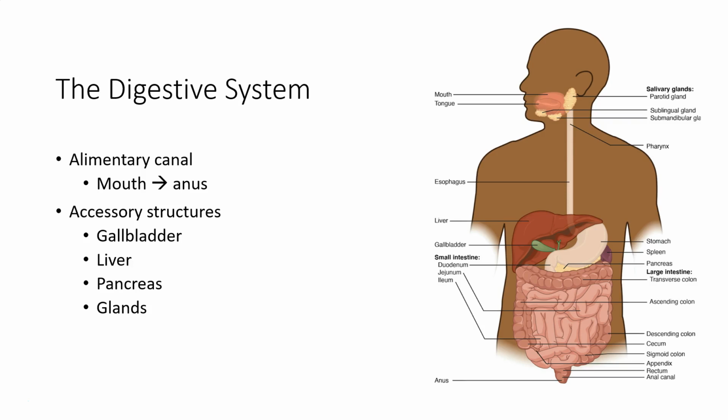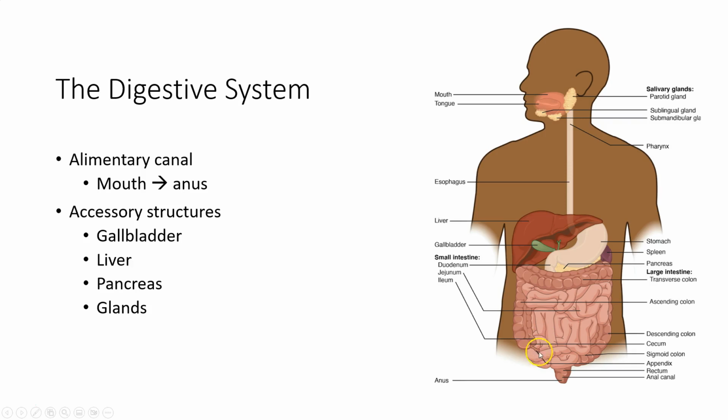The digestive system is made of the alimentary canal and accessory structures. The alimentary canal runs from the mouth to the anus. From the mouth, the alimentary canal moves into the pharynx and down the esophagus, where it then enters the stomach. From the stomach, we move into the small intestine, which includes the duodenum, the jejunum, and the ileum.